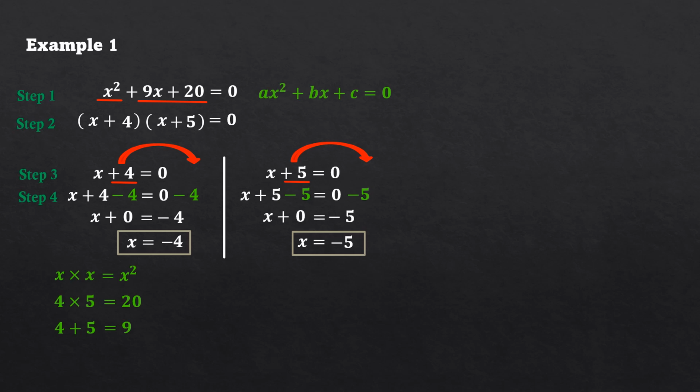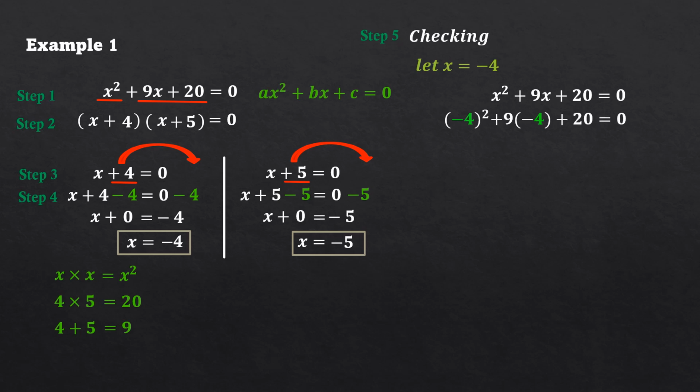Now let us check if these two values of x are solutions of the equation. Step number 5. Checking. Let x is equal to negative 4. Get the original equation, which is x squared plus 9x plus 20 is equal to 0. Substitute the value of x, which is negative 4. So, we have negative 4 squared plus 9 times negative 4 plus 20 is equal to 0.